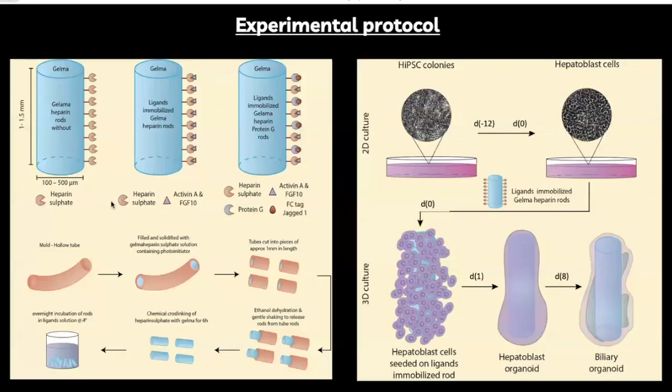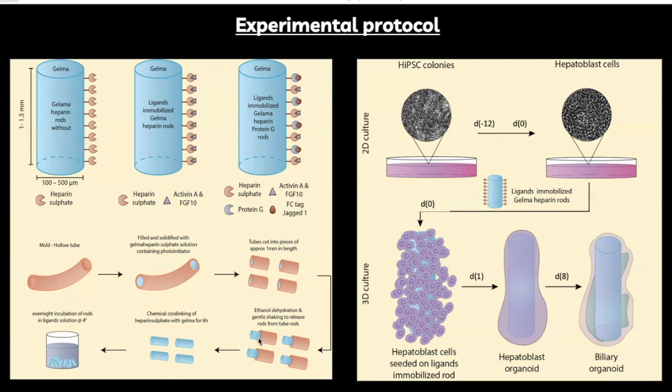We created those rods in a relatively simple manner. You take a long hollow tube, you fill it with GelMA, you cross-link, then you chop the hollow tube by hand into tiny bits. Typically the hollow tube is 400 to 500 micron in diameter, and when you chop them into bits, you reach sizes between 1 and 1.5 millimeter, as you want.